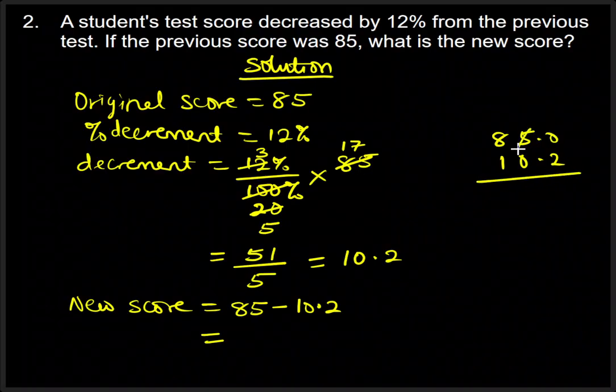That will be this here 4, 10 minus 2, 8, and then 4 here, so 7, that will give us 74.8. So this is the new score, 74.8. All right, so we move to the next question.